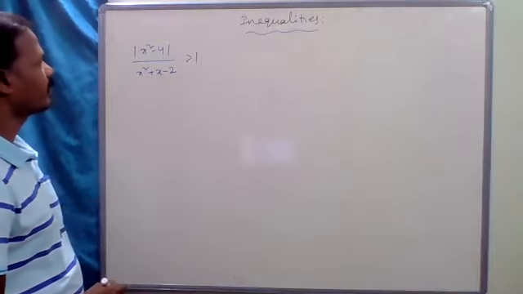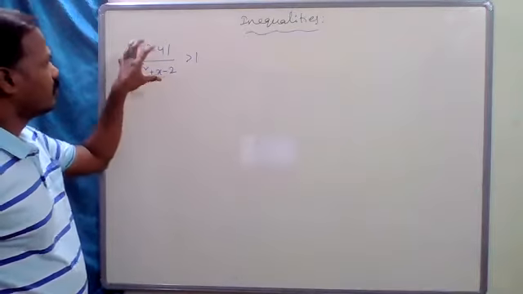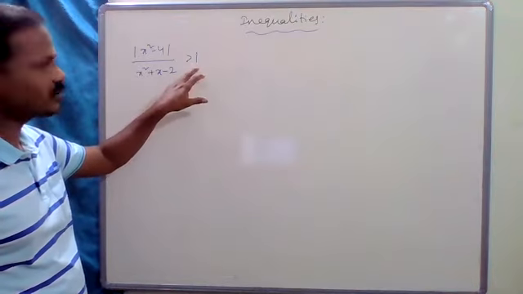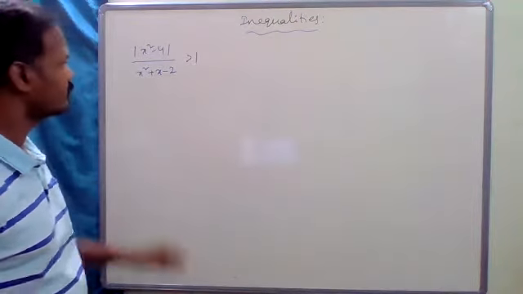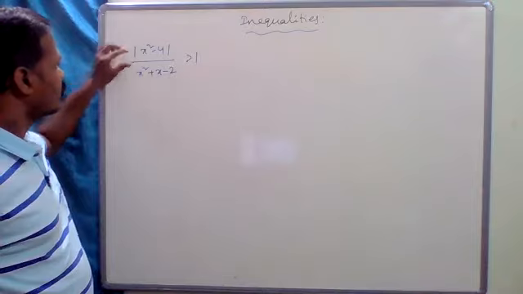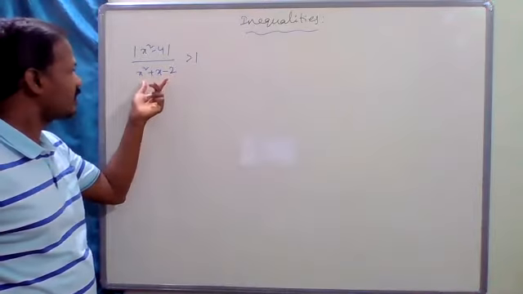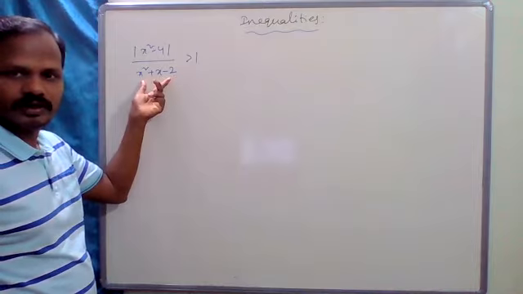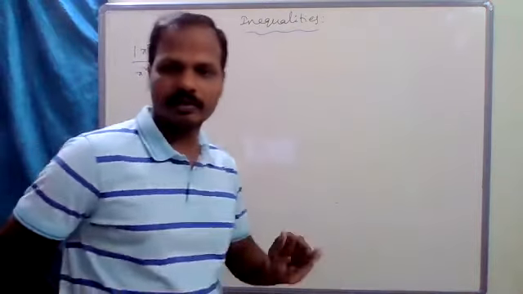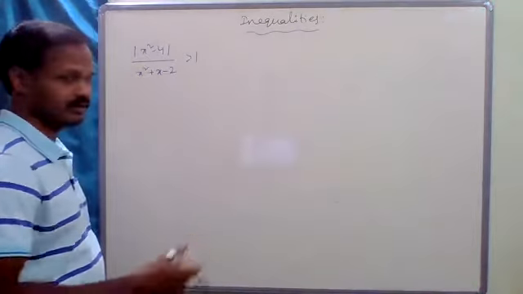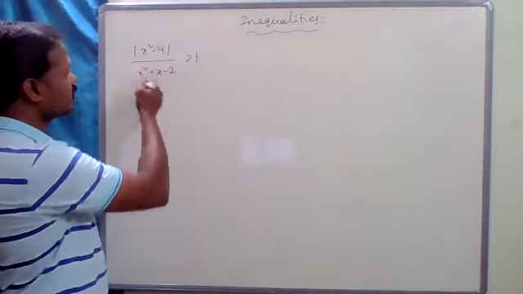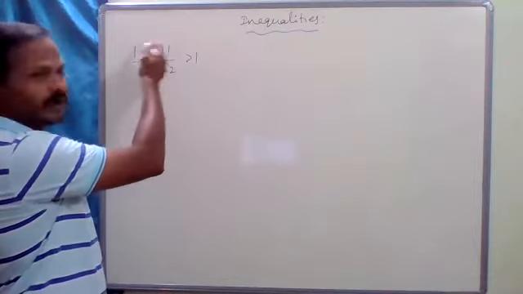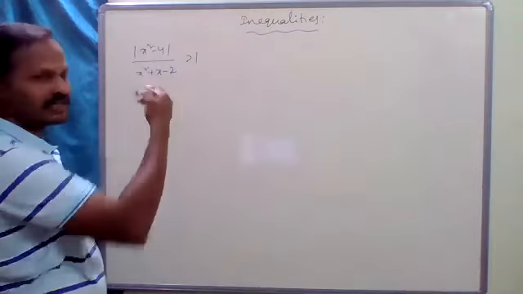See, so this part is greater than 1. So this is positive. 1 is positive. Okay, fine. Now you have to check whether x square plus x minus 2 is positive or negative. Okay na? So that is the main point here. Since this total expression is greater than 1, it is positive. So this must be positive, but the numerator is already positive.